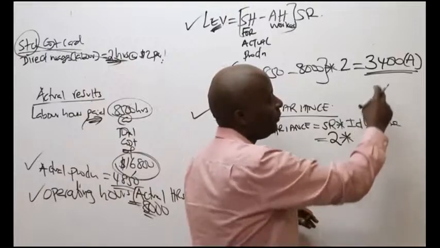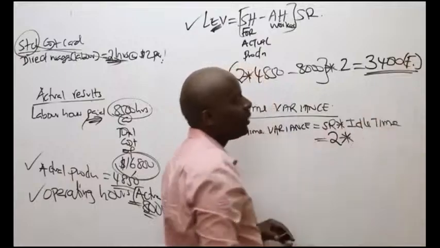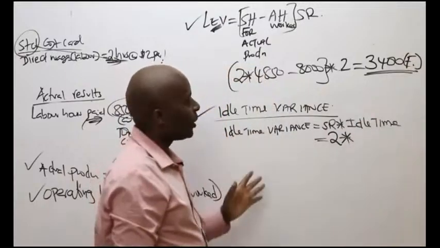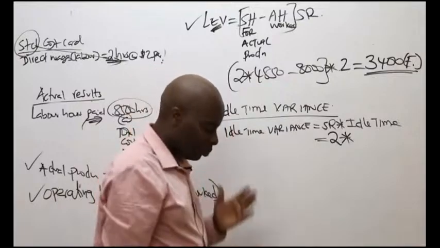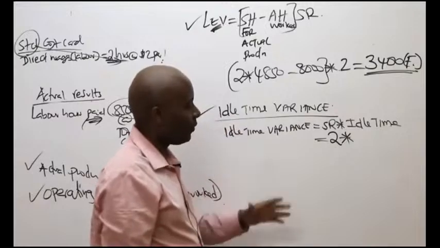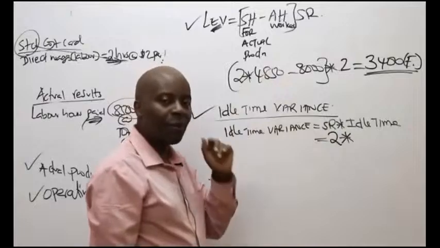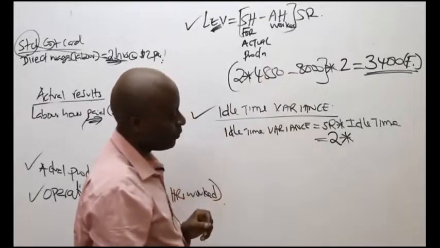It can't be adverse when it is positive, please. When a variance is positive, it is always favorable. Leave alone those aspects of comparing. Just a positive answer is a favorable variance. Thank you very much for that correction.